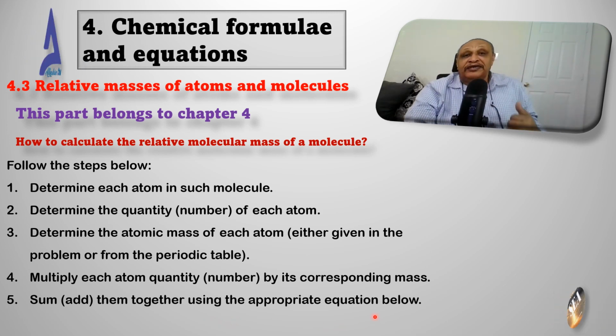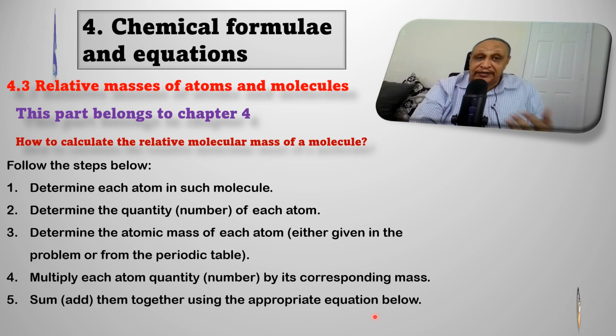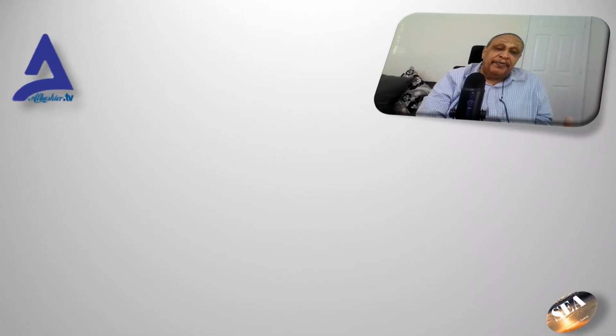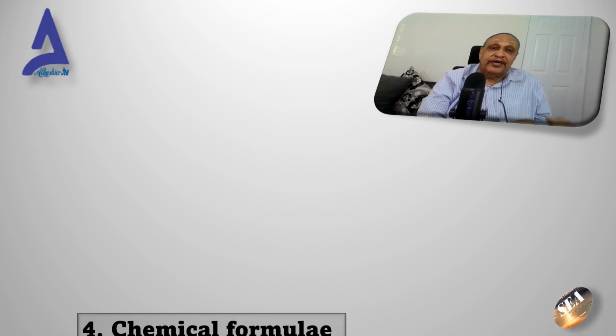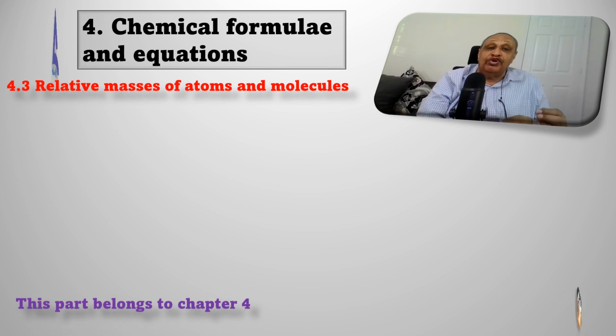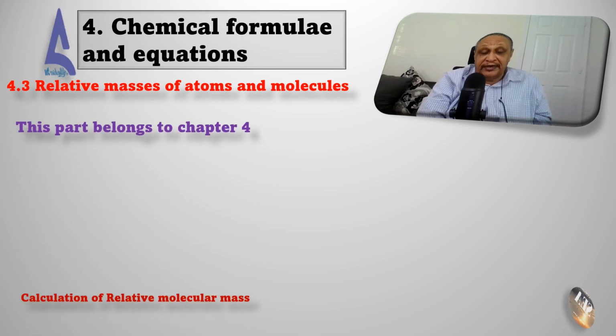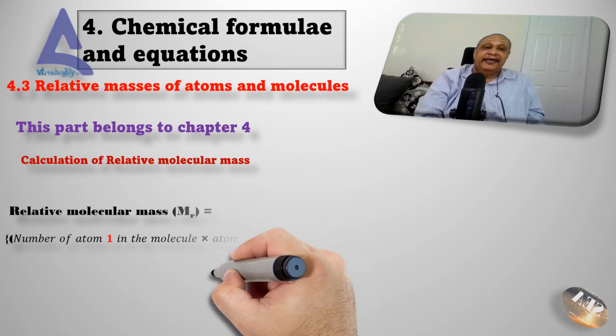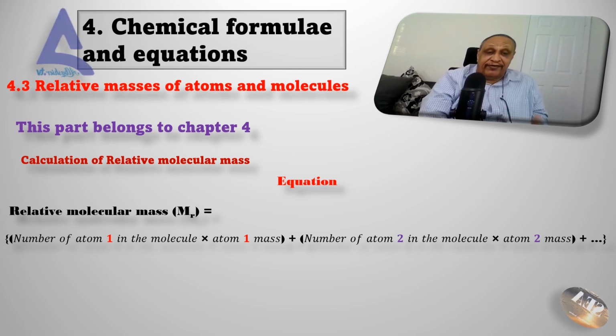Let us go downwards and see what equation we use and how we can deal with this. The appropriate equation used to calculate the relative molecular mass is like the following equation.